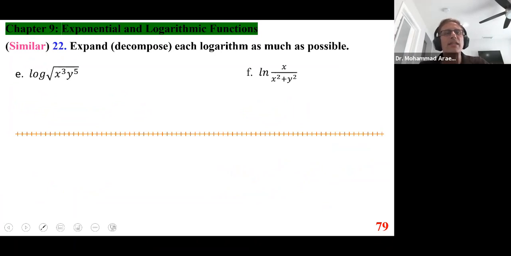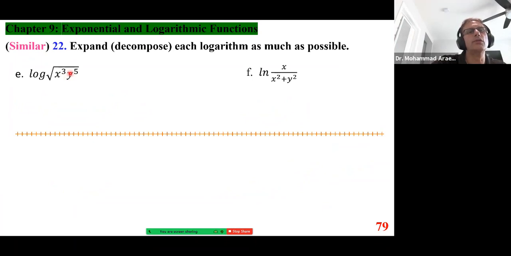All right, we are expanding or decomposing. First, we can write this to the power of 1/2. We put the 1/2 in front.